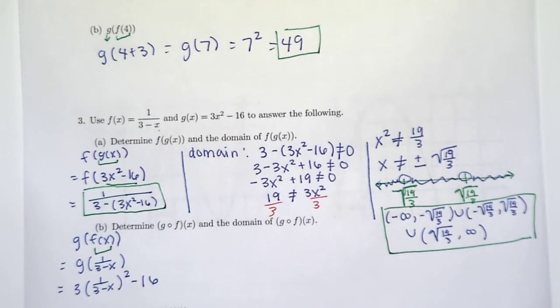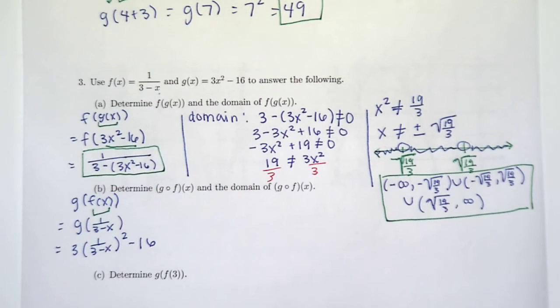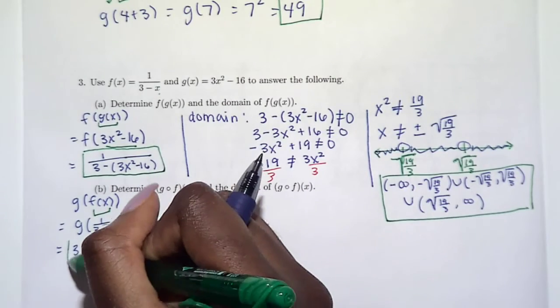All right, so did you get 3 times 1 over 3 minus x squared minus 16? That is the answer.